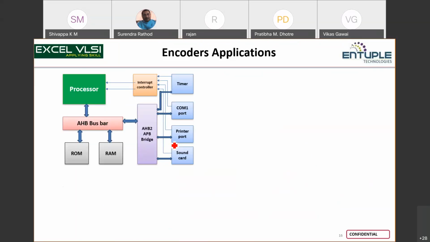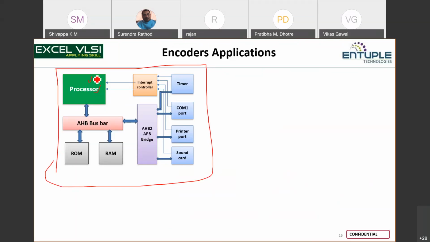So one more application which you can take: typically any SoC, any ASIC, would have this kind of structure where you have a processing engine which is connected to a bus. This is a bus interconnect, or nowadays they call it a network of connections, NoC.